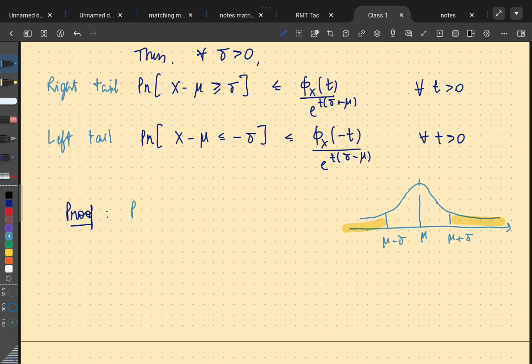The idea is simple. You start with the probability that x minus mu is greater than or equal to delta.